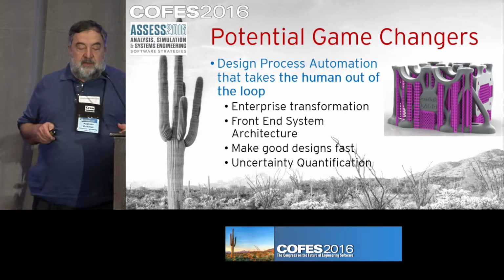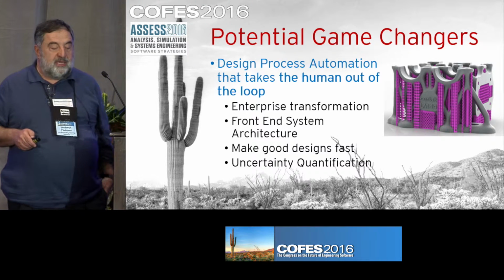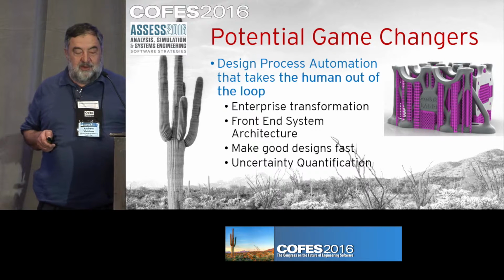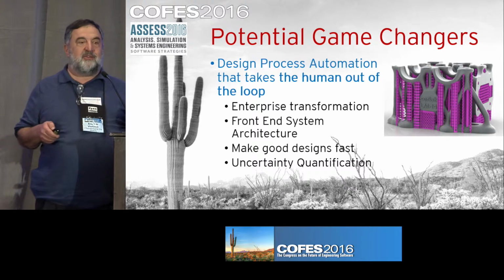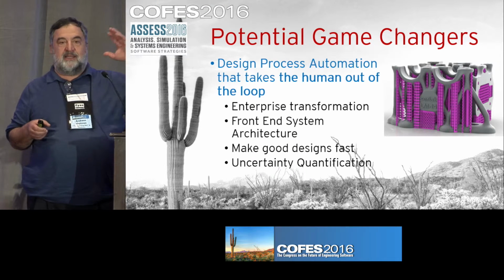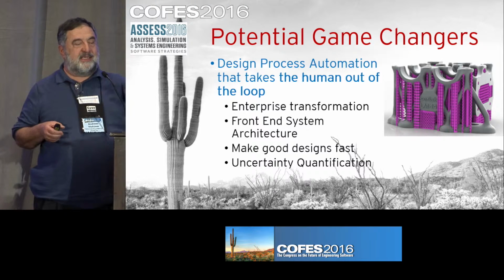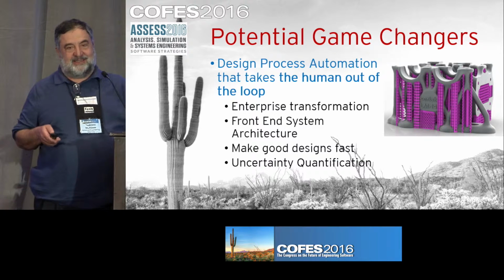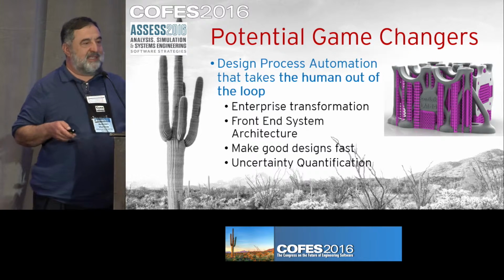Of course, another topic was design process automation, taking the human completely out of the loop. We have an enterprise transformation, front-end architecture. You say, I want a 4-passenger car, and then the system selects the engine, the powertrain, the suspension, the body in white, and so on.